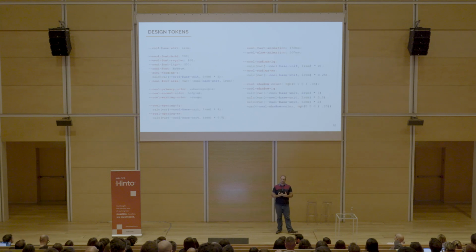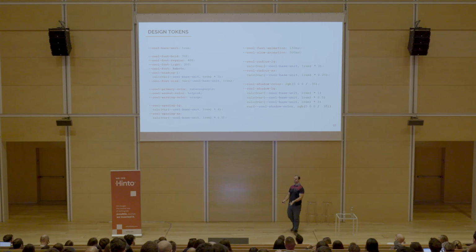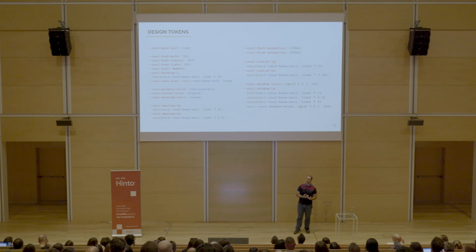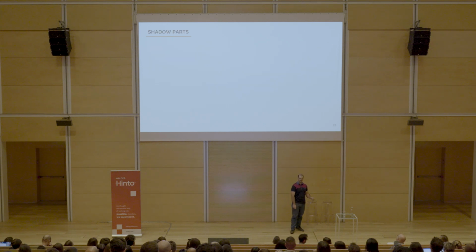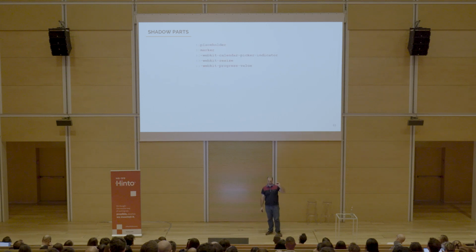And we can apply this concept also to wider things, because we can actually create a set of custom properties that can match the common design values of the design system, creating what is called a design token. And there's another thing, it is shadow parts.